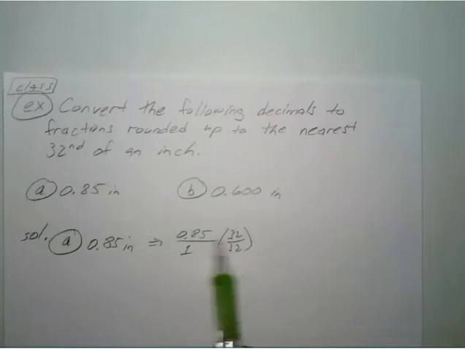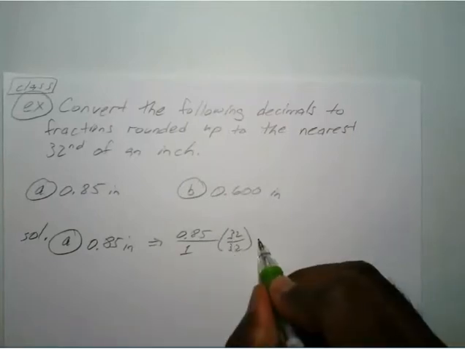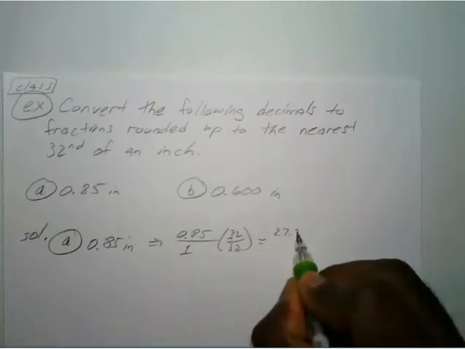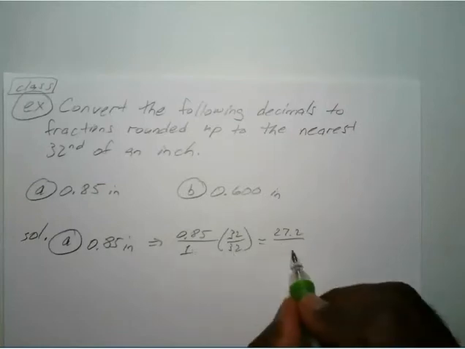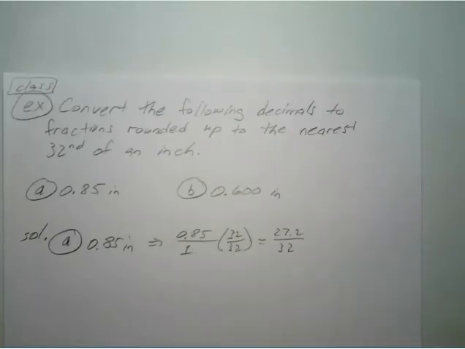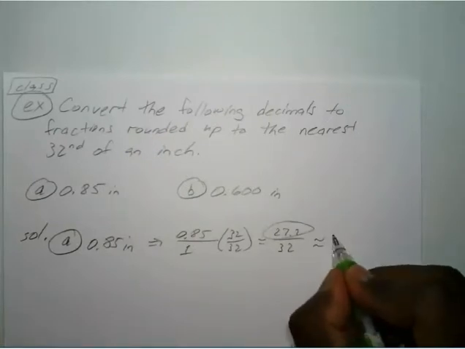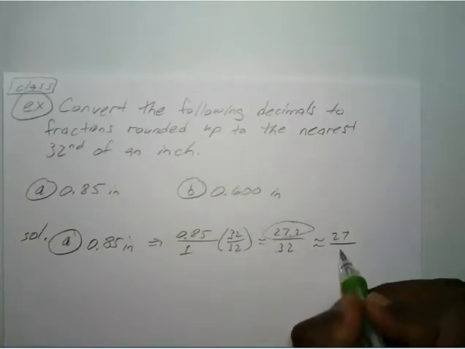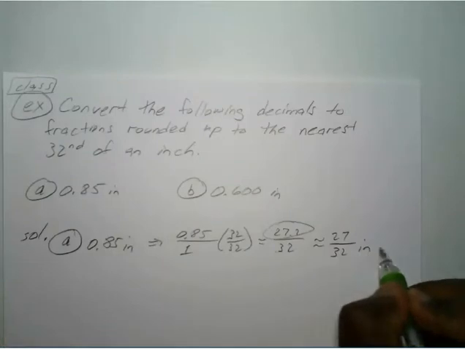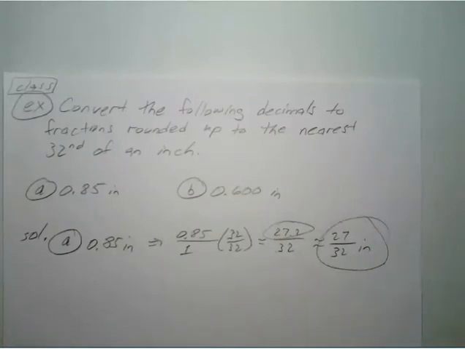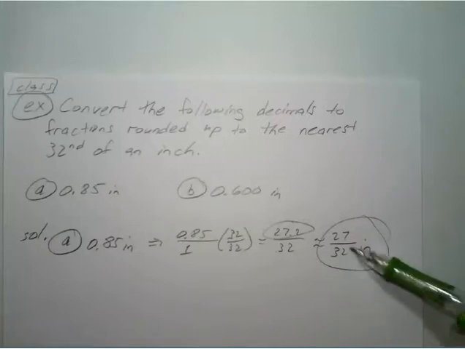So 0.85 times 32 is 27.2, and 1 times 32 is 32. So we round our numerator, which is about 27 over 32. And that's the simplest form. It can't be reduced anymore.